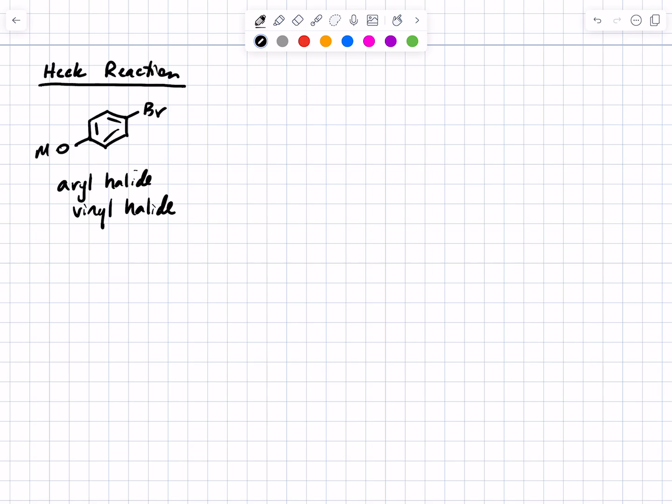But the difference with the Heck reaction is the other partner can be just an alkene. Well, it needs to be an alkene with nothing special on it other than perhaps an electron withdrawing group.